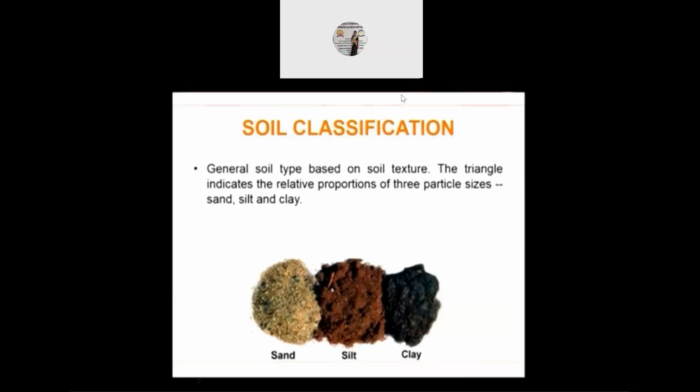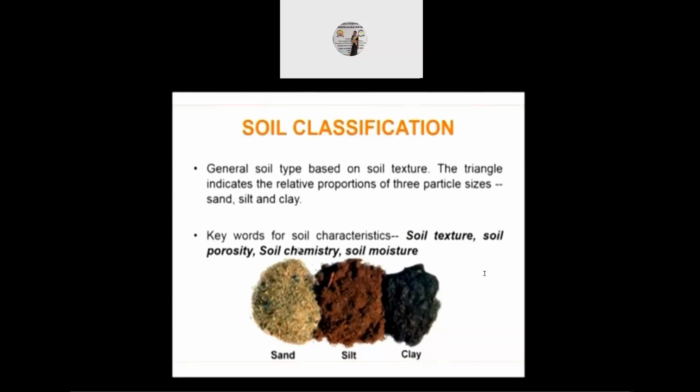It also varies with the particle sizes. For example, the particle size of sand is much bigger compared to silt, which is even bigger compared to clay. Keywords for soil characteristics are soil texture, soil porosity, soil chemistry, and soil moisture.